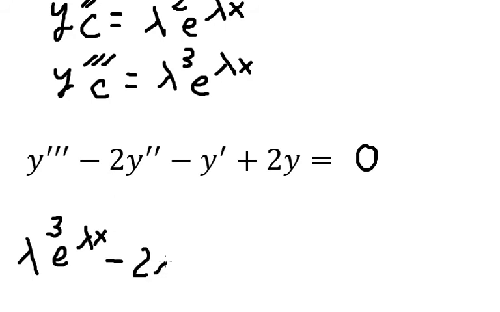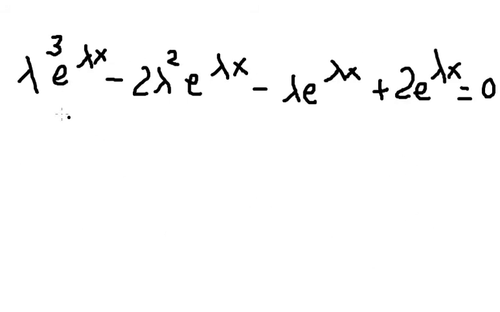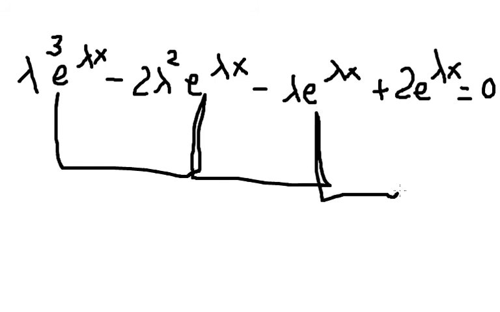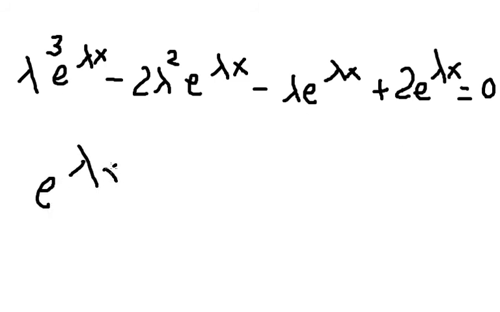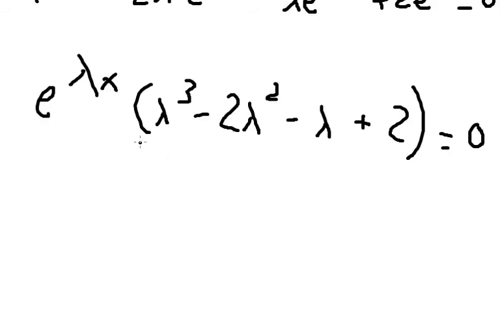So this one we have lambda to the power of 3 e to the power of lambda s, this one we have lambda square, lambda e to the power of lambda s, and the last one is 2e to the power of lambda s. So we can do factorization of this one in here. We need to find the solution of this one.